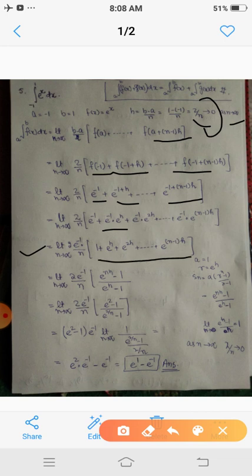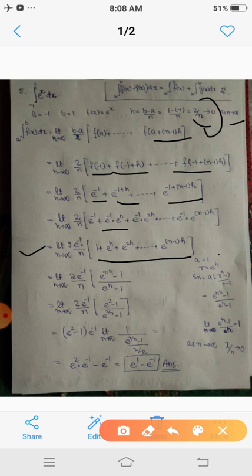Here we have n number of terms, and this is the sum of the n terms of a sequence of the form 1 plus e^h plus e^2h plus e^3h, which is a geometric progression.